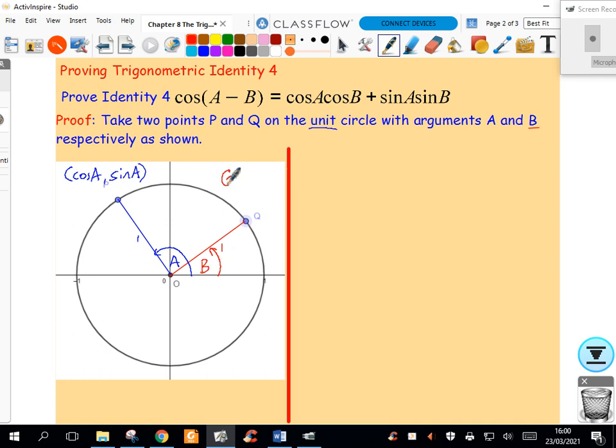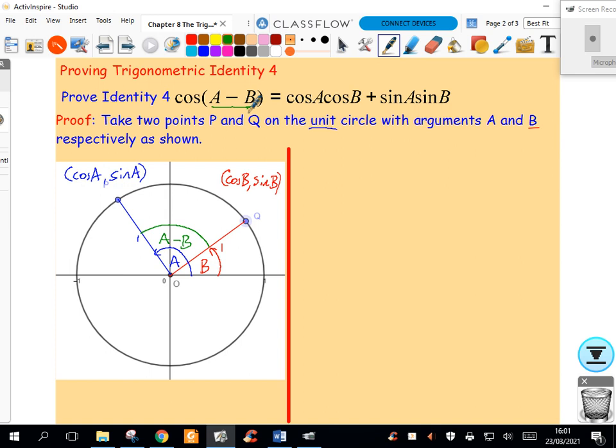It's going to be 1 cosine B, comma, 1 sine B. Also note the angle in between these two points. Well, it's going to be whatever A is, subtract whatever B is. And that's going to give me my cosine of A minus B ultimately.